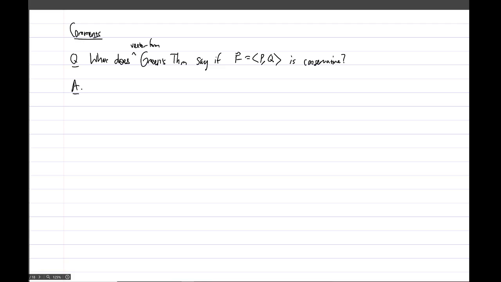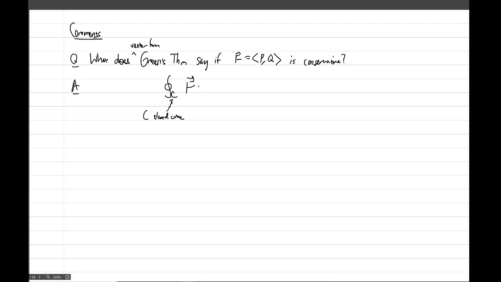Well, let's write out the vector form of Green's theorem that we just saw. So line integral over a closed curve C, counterclockwise.